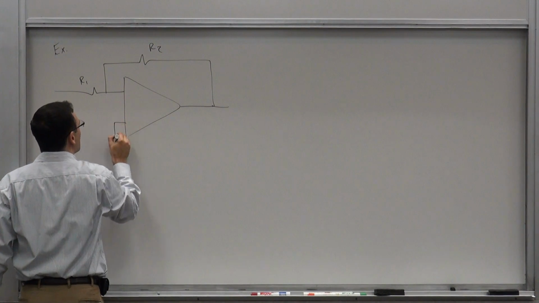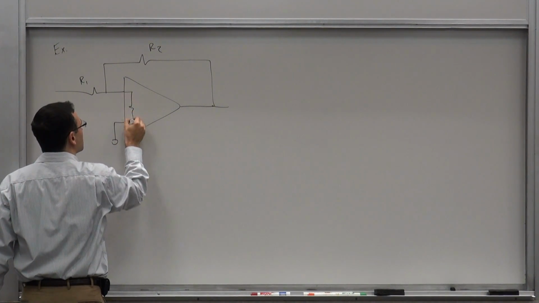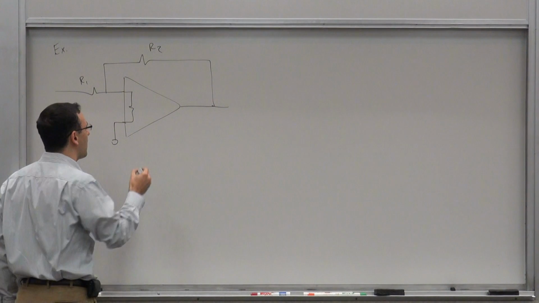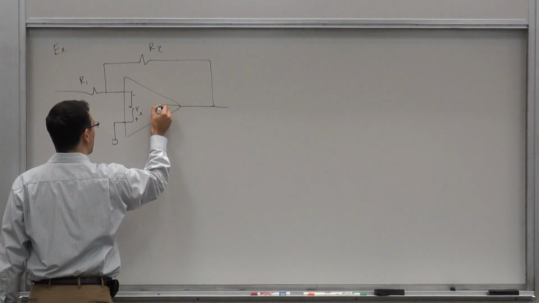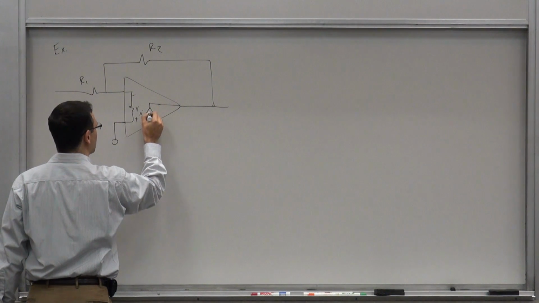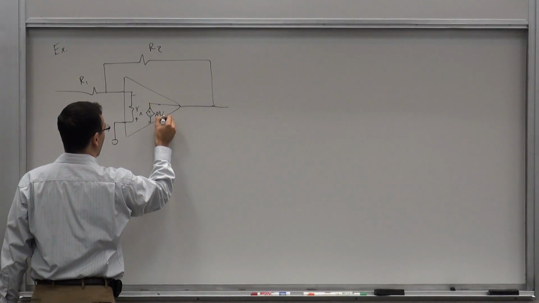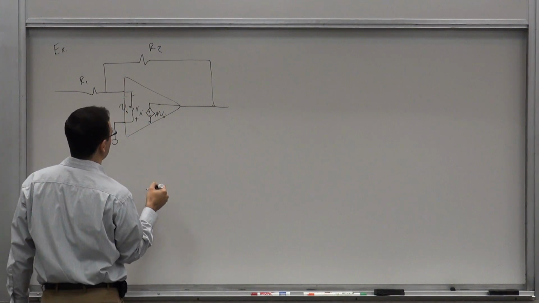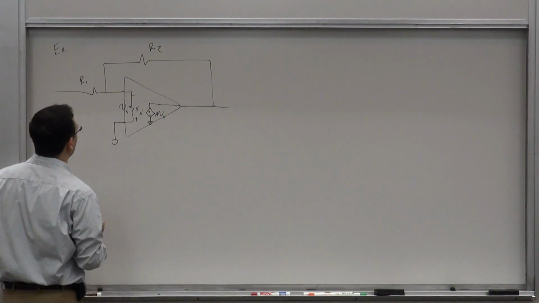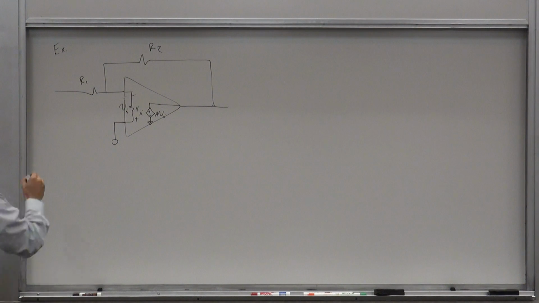But this time, let's assume that your op-amp has some input resistance, Ri. And then you have a dependent voltage source here, A Vi. This is Vi, with this polarity. And this is your input.